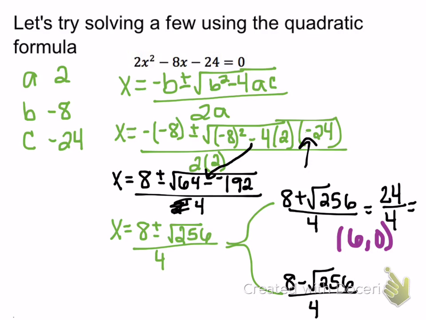Now I'm going to do the next one. 8 minus the square root of 256, I get negative 8 divided by 4, which equals negative 2. So my other x-intercept is going to be negative 2, 0. Why didn't that write? Let's try that again. Ladies and gentlemen, what you see in purple are going to be the two answers that I'm looking for.